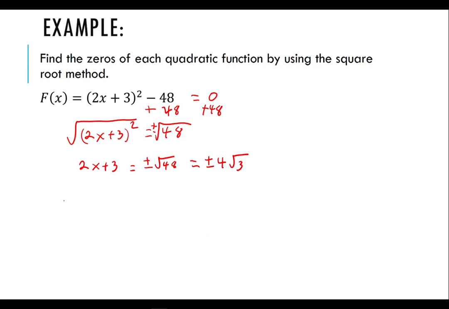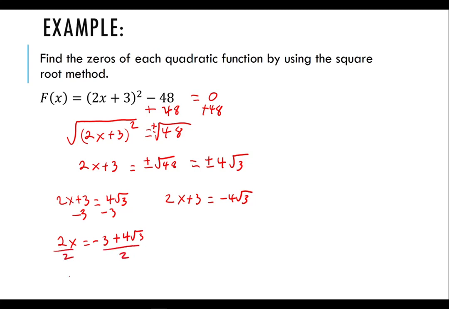Then two equations, that is 2x plus 3 is equal to 4 root 3, and 2x plus 3 is equal to negative 4 root 3. Two equations. Then subtract 3. That is 2x is equal to negative 3 plus 4 root 3.